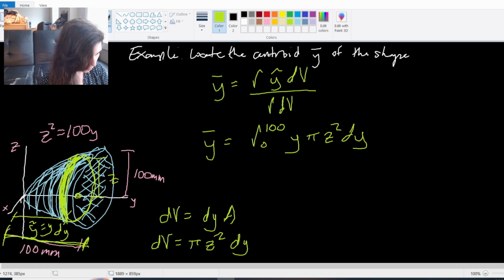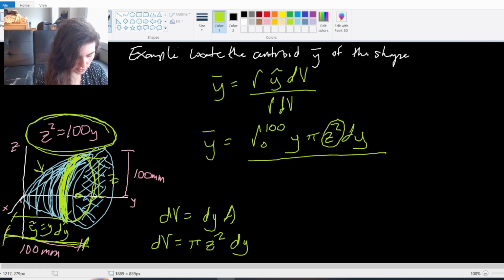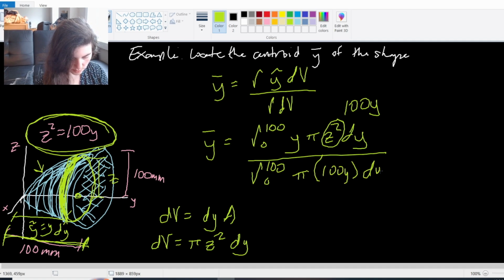And we'll notice they gave us an equation for z squared here, representing this edge. So our z squared is 100y, a super easy substitution for us to make here. I can just substitute in 100y. And then my bottom is now just the volume portion, so pi z squared, which I know is 100y, times dy.